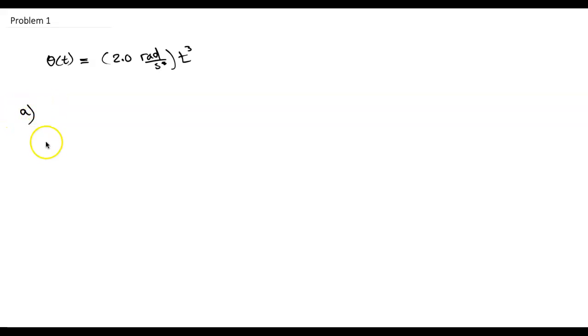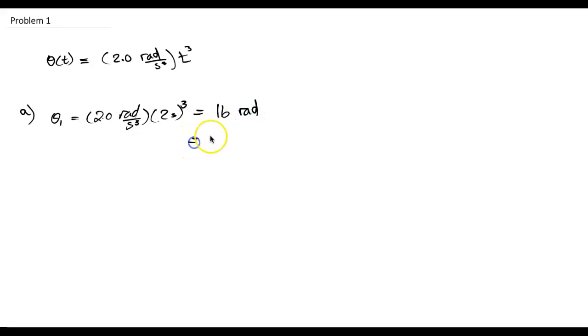So for part A, we're going to substitute to find theta 1. We're going to substitute 2 seconds in for t. So this is 2.0 radians per second cubed times 2 seconds cubed. And this gives us 16 radians.